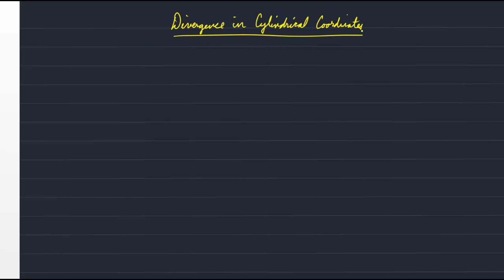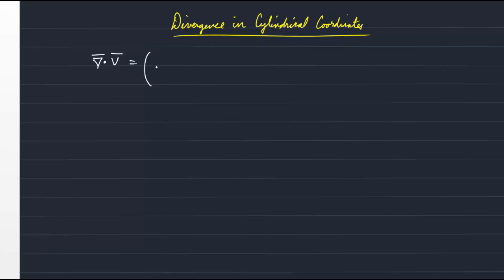Now let's consider the divergence in cylindrical coordinates. So the divergence of a vector, again, is written as del dotted with a vector.